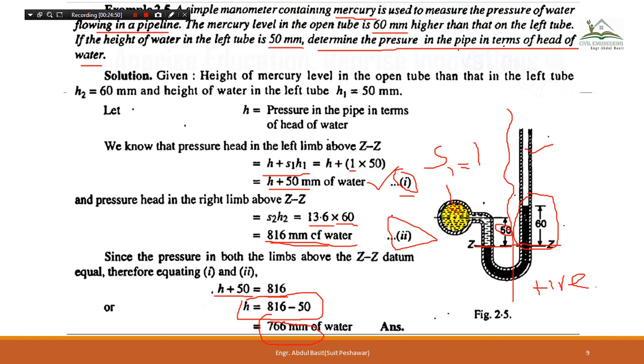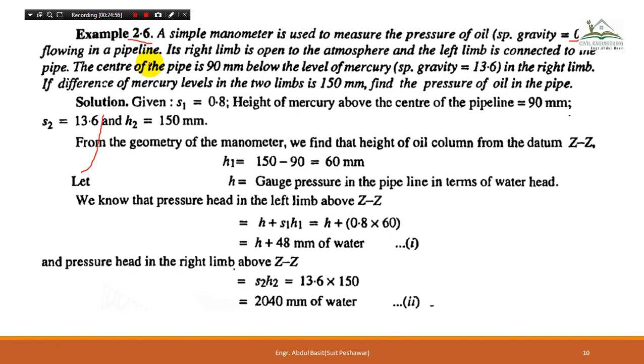Now there is no water over here, it is oil now, and its right limb is open to the atmosphere, so definitely it will determine the gauge pressure for you. And the left limb is connected to the pipe. So this is the simple situation.